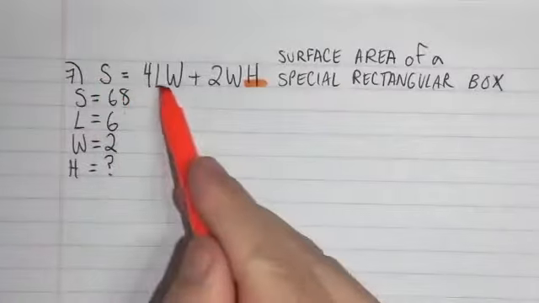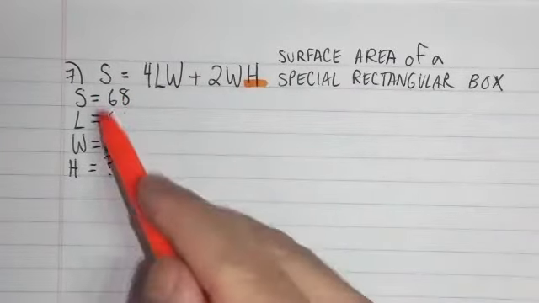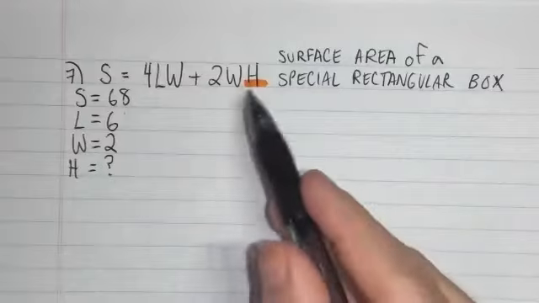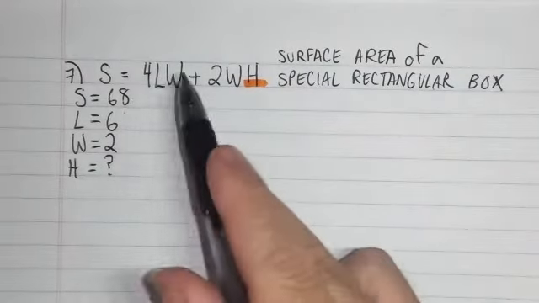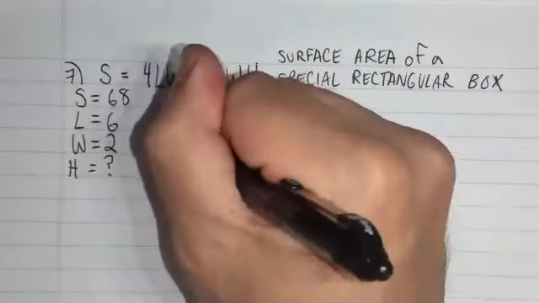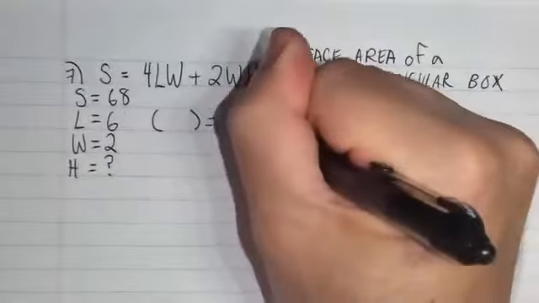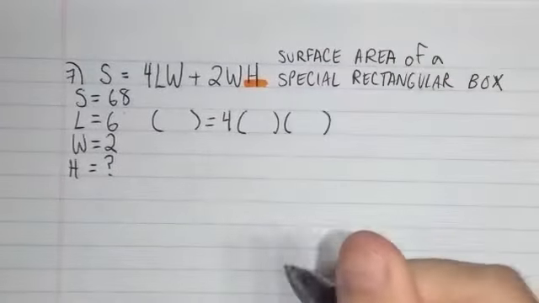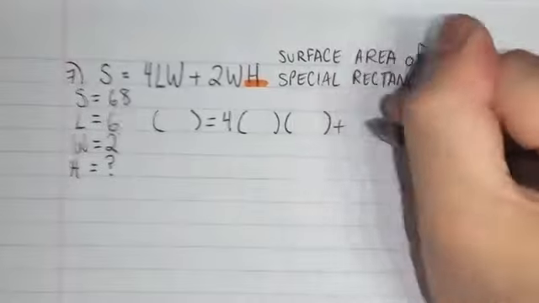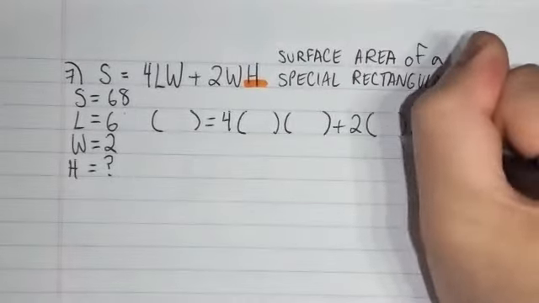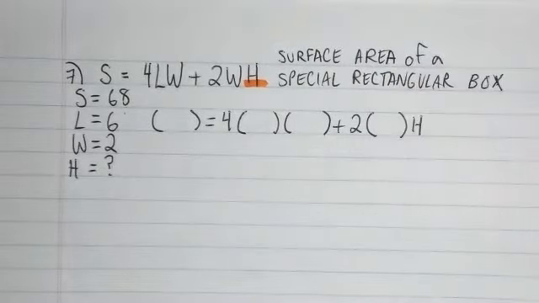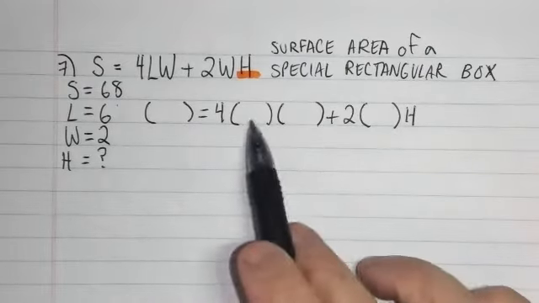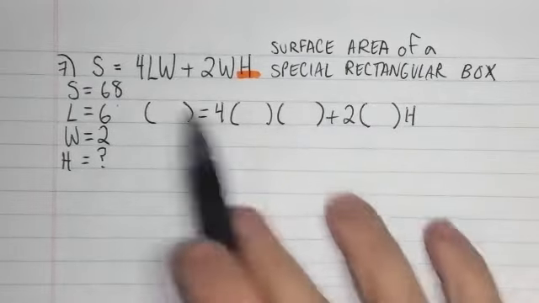So I have every other value they gave me. Again, I rewrite the equation. The only one that's going to stay in there is the H, and everywhere there's another variable, I'm going to write a parenthesis. S equals 4 LW, where these are multiplied together, plus 2 times W, and then that's where my H is going to stay, because that's what I'm going to be solving for. But all the rest are going to be filled in with values.